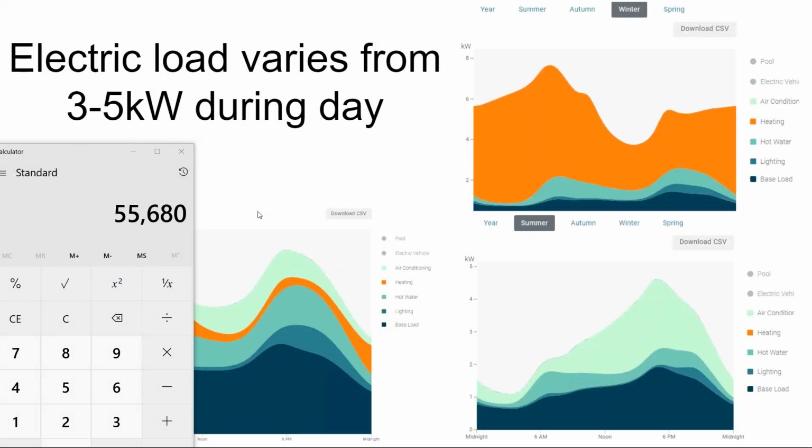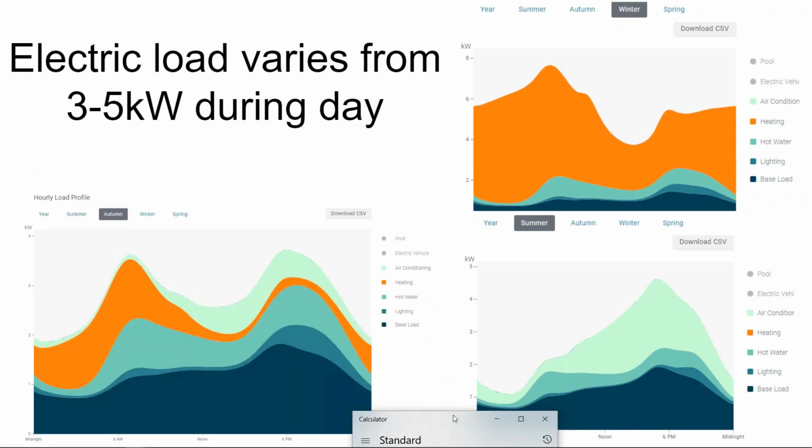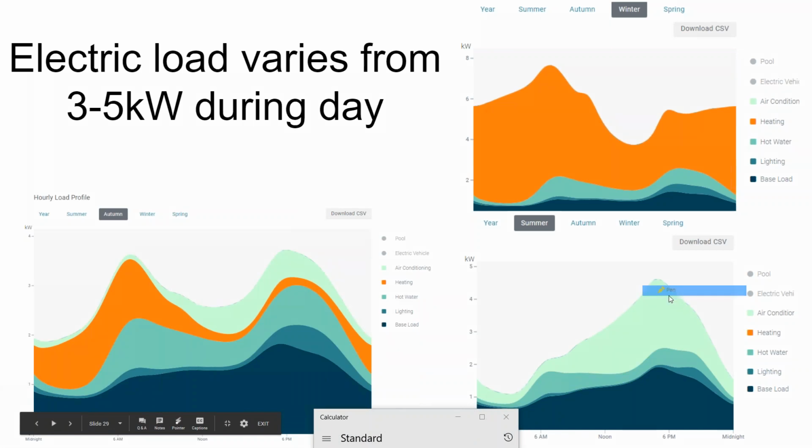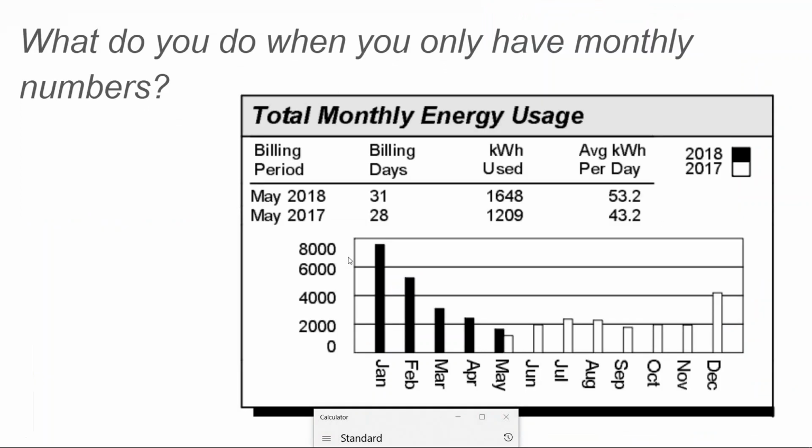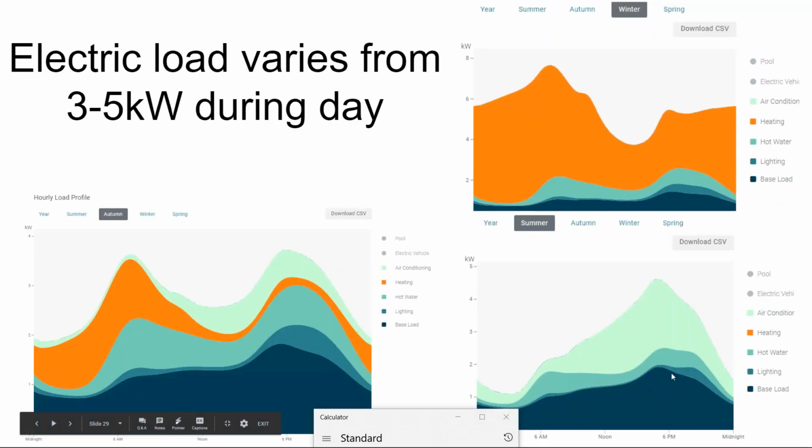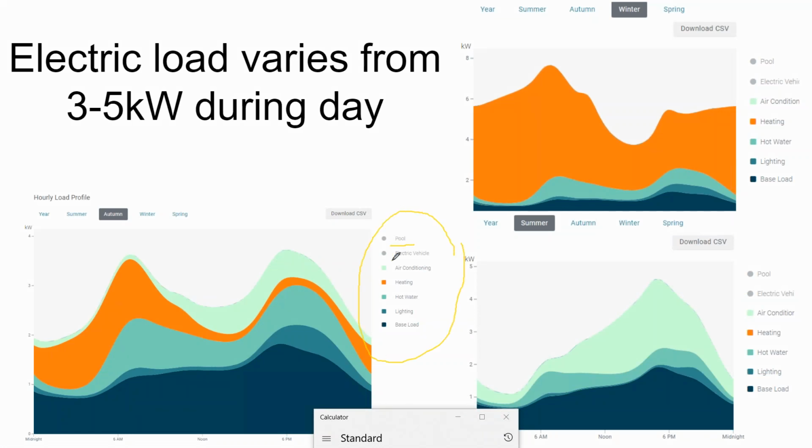This is Aurora Solar. What they've done is developed a little load profile tool where you input your 12-month billing history, and then you complete a survey. Do you have a pool? Do you have an electric vehicle? Do you have air conditioning? Do you have electric heating?